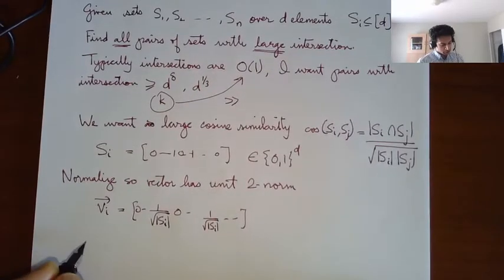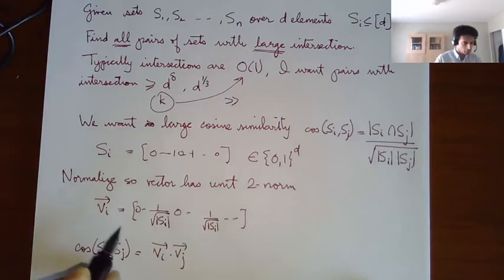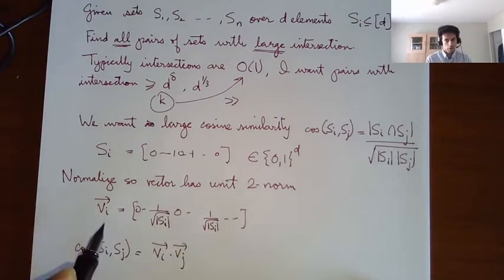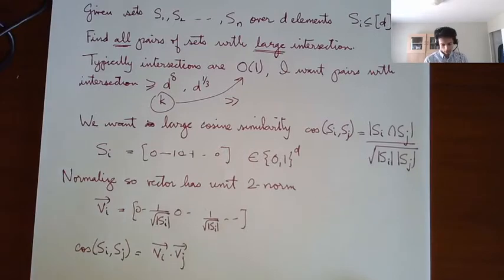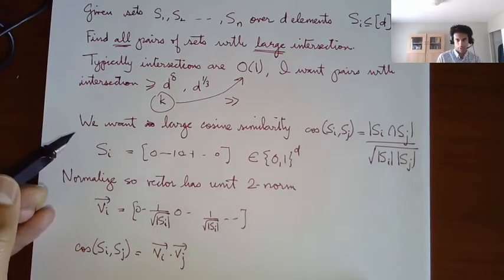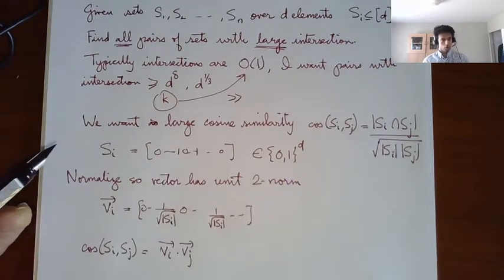And then the cosine similarity is really just the dot product of the corresponding vectors, right? So these vectors are not Boolean, but all the non-zero entries of an individual vector are the same, and then you take dot products to measure similarity, and then you could ask for all pairs of users who have a large cosine similarity.